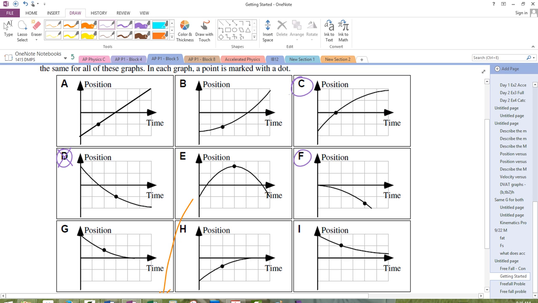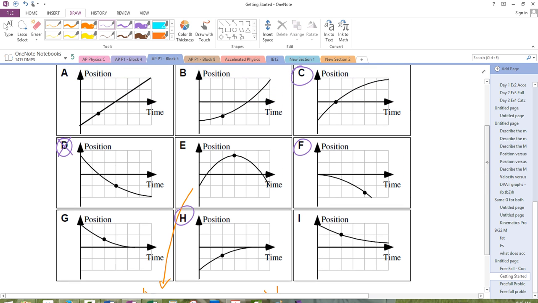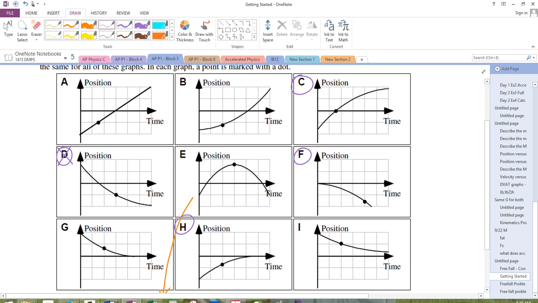So it's going in the positive direction, but it's going in the direction that pushes negative acceleration. Absolutely. And then which one did you say? H. What do you guys think about her H? Do you agree on H? It's the same thing, right? Yeah, so we're okay on that one.